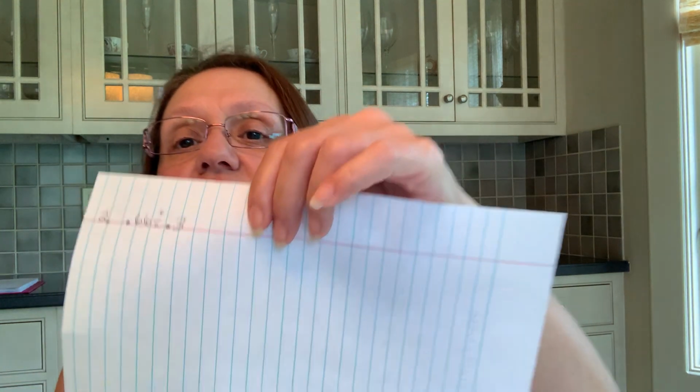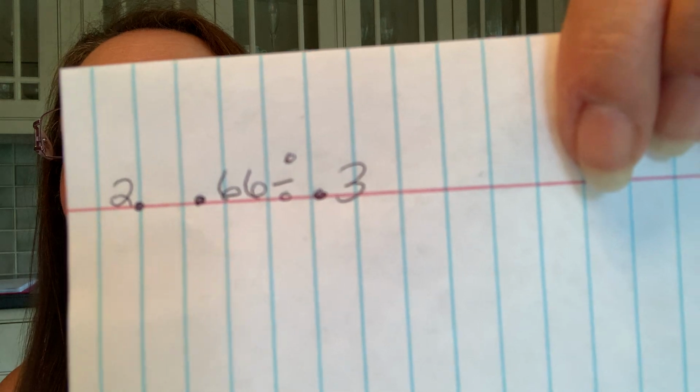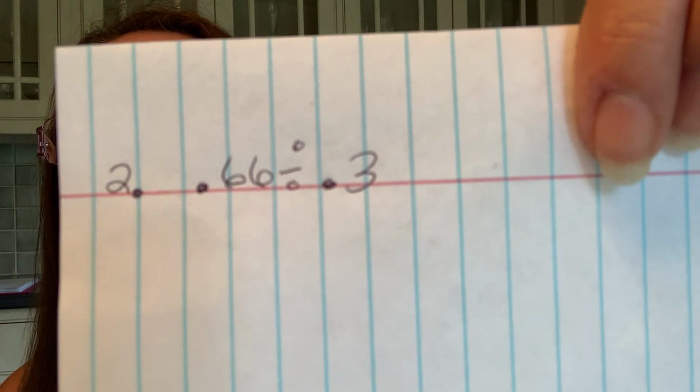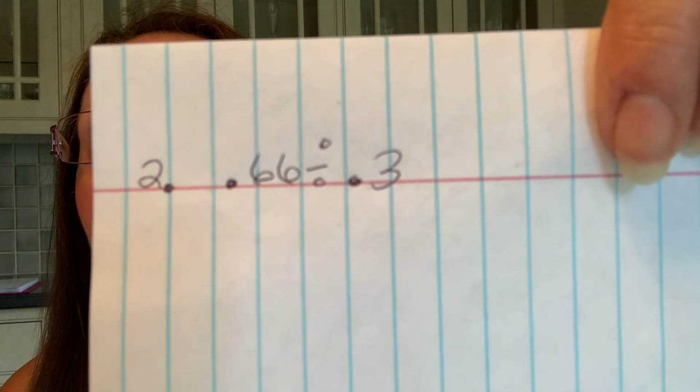And when you do this, you also have to keep in mind that because this first question, question number 2, notice how it's done horizontally. We don't want it horizontally. We want it vertically in the box, right? So keep in mind, and if you need to go back to an earlier video, please do that. You have to know which one is the dividend and which one is the divisor.